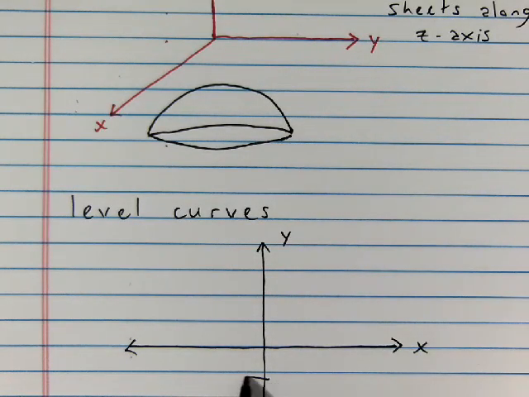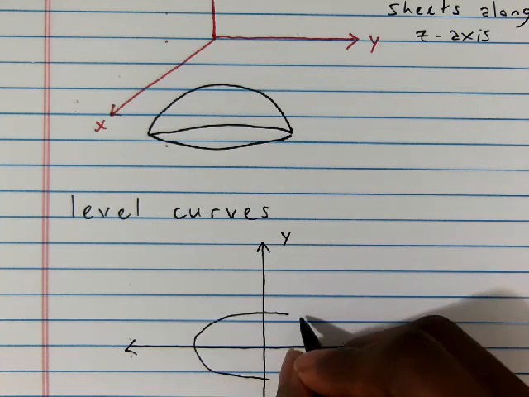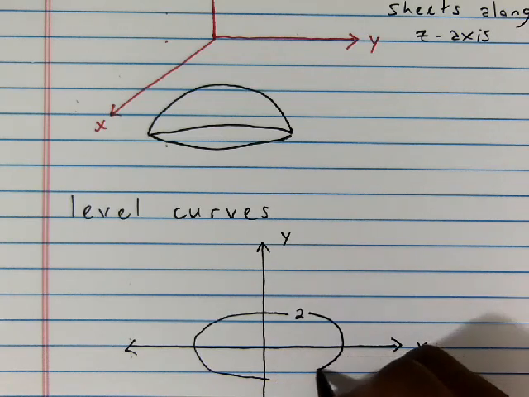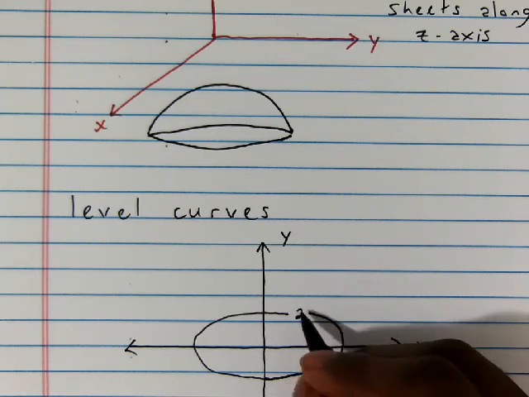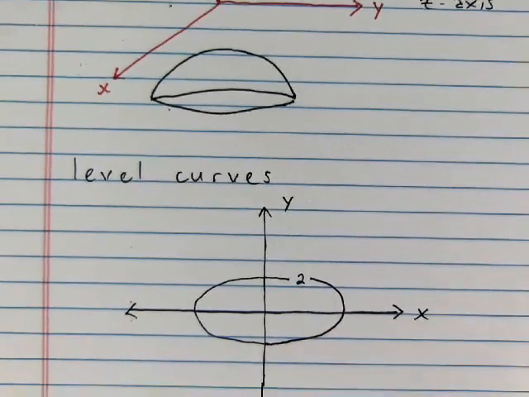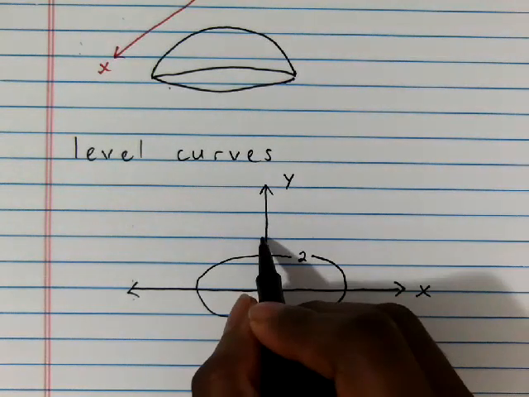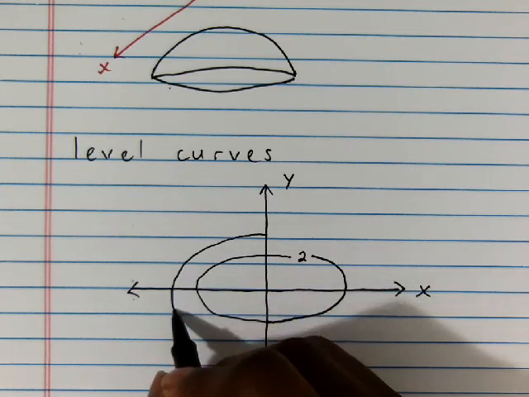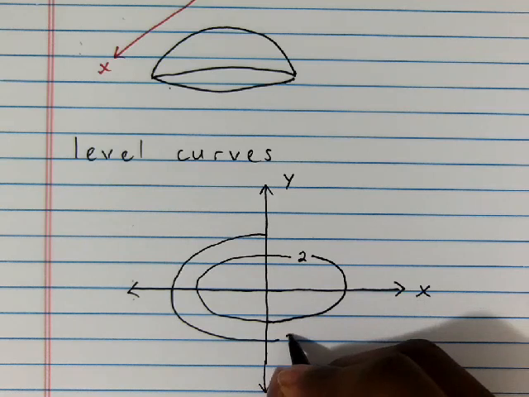So I'm just going to draw a curve here. I'm going to make sure I put a 2 in there to indicate it's a level curve where z equals 2. And it's understood that that's your z value whenever you're doing level curves. And then I'll do another one. As z goes up, this will be z equals 3.